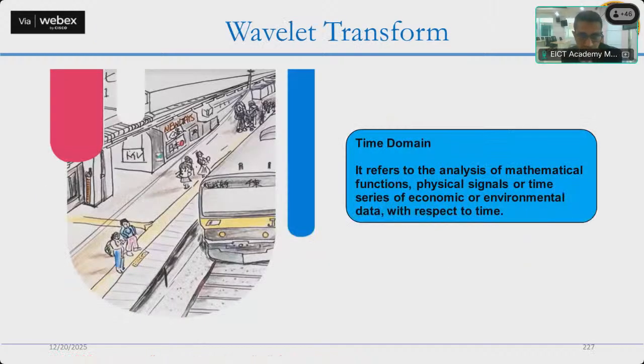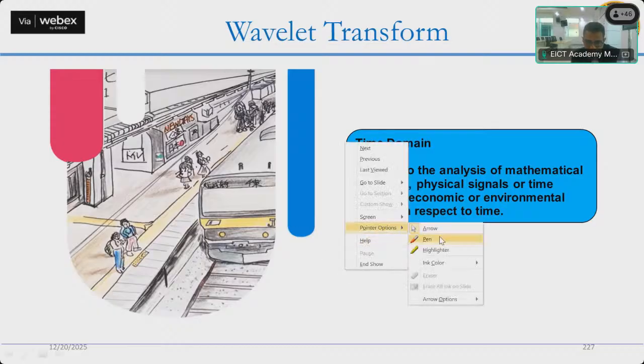Now we come to the part of the wavelet transform. As we have gone through the Fourier transform, which is the 2D Fourier transform, yesterday we saw frequency-based filtering.